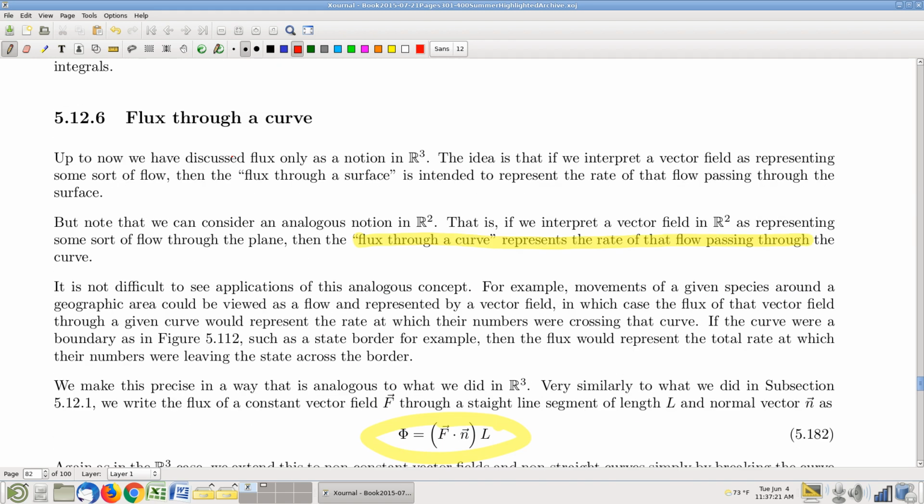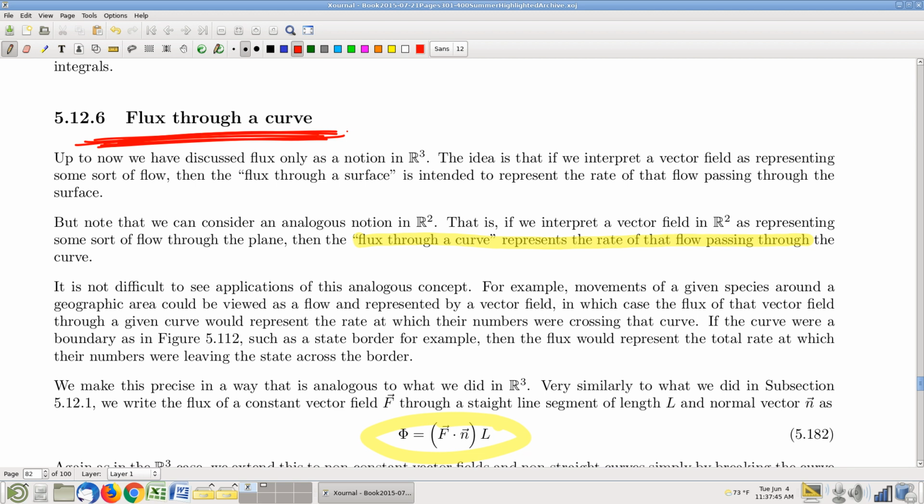Okay, last thing real quick, let's talk about flux through a curve. This is just a dimensional alternative. We have up to now been talking about surfaces in 3 space. With a surface in 3 space, you could imagine a 3-dimensional fluid flowing through that surface.